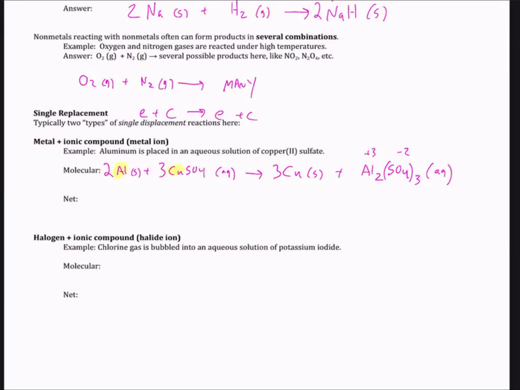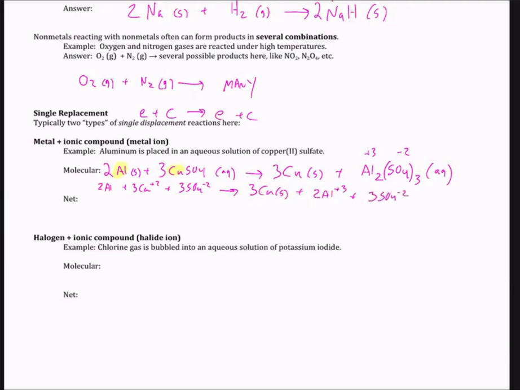But we're not done, because you need to know how to whittle down to the core of the reaction, meaning you need to know how to get to the net. So when I write everything as ions, 2 aluminum plus 3 copper 2 plus 3 SO4 2 minus forms 3 copper solid plus 2 Al plus 3 SO4 2 minus.